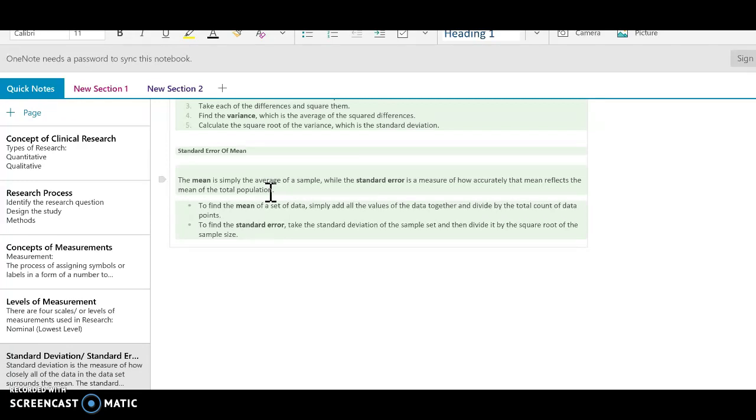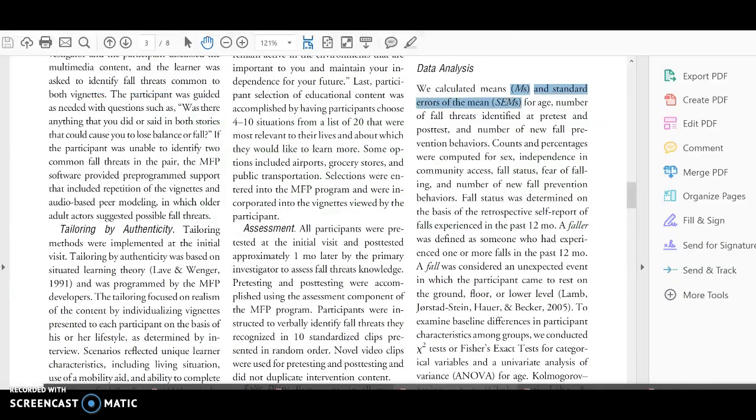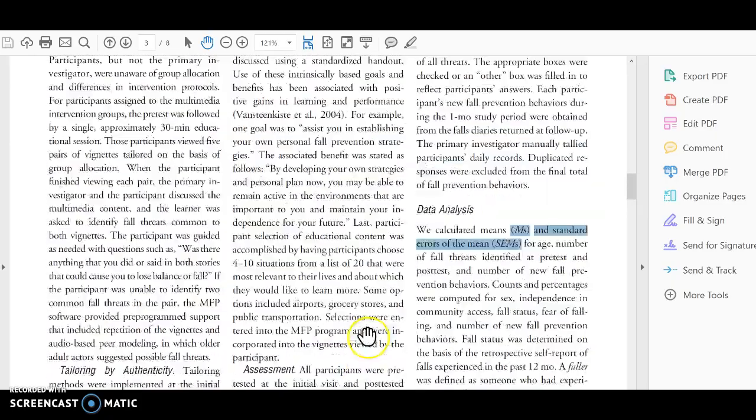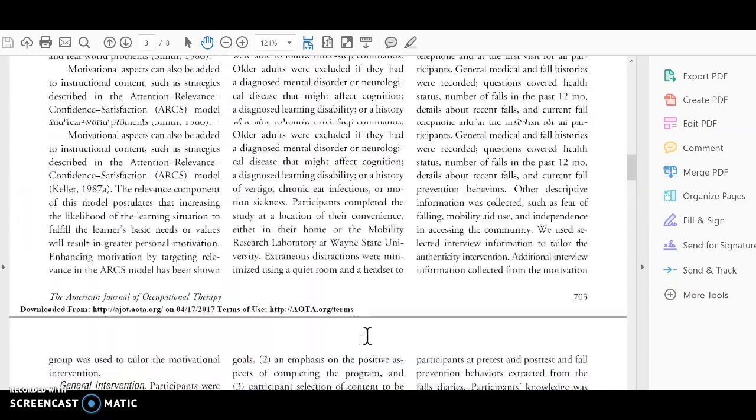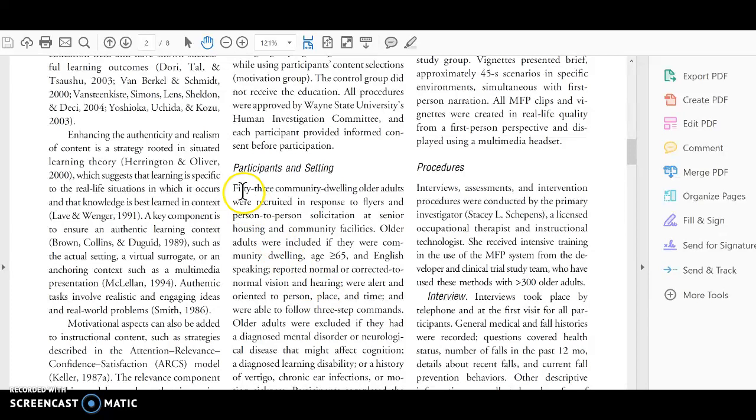Well, first thing first, let's go back and talk about the sample size that they used. I'm going to go back up to page 703 and take a look at how big the actual sample was. The sample that they were using for this study was only 53 participants, okay?